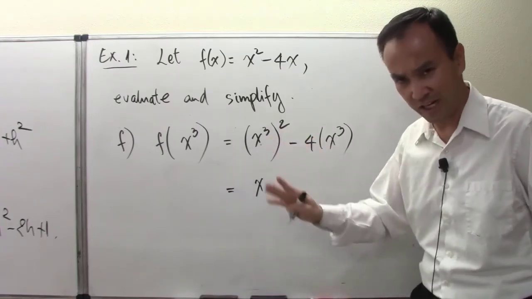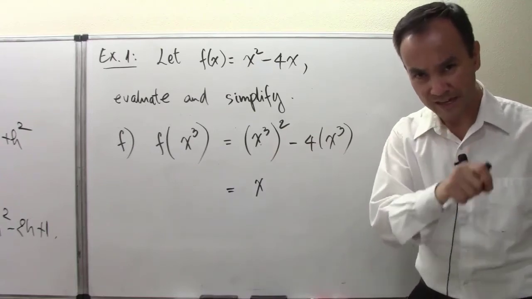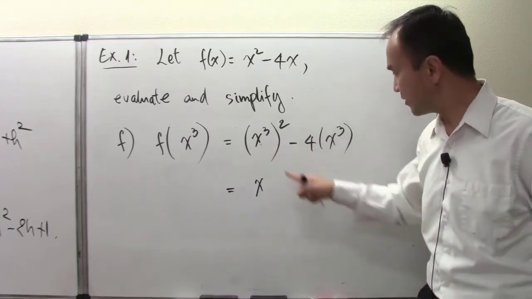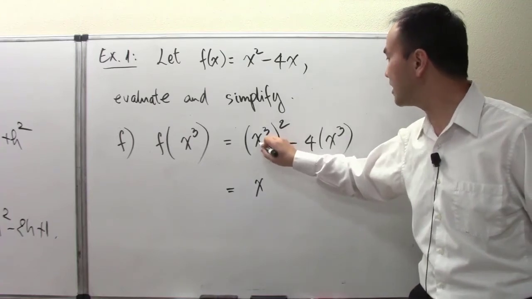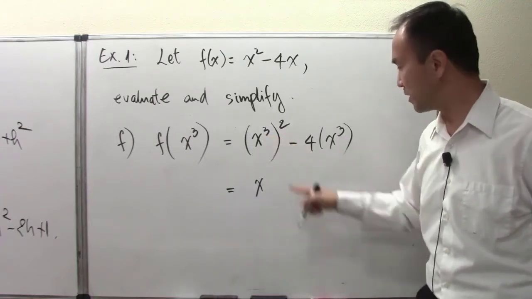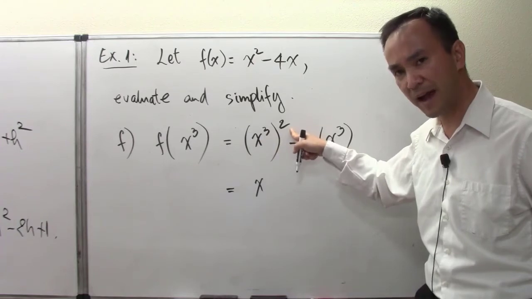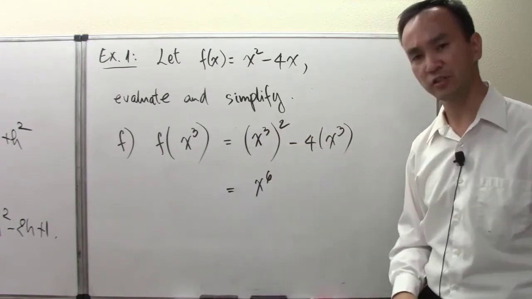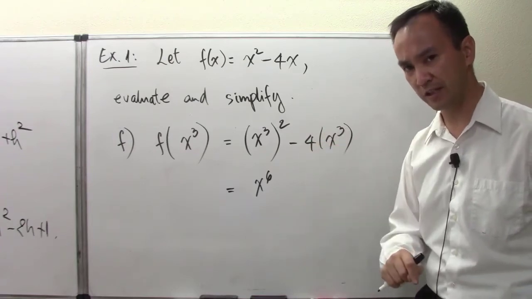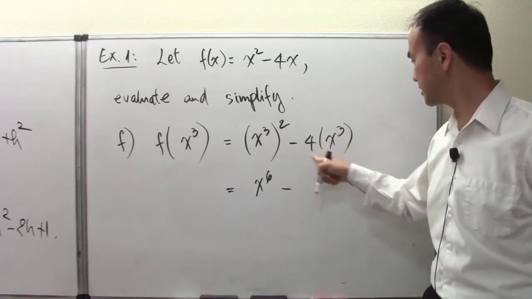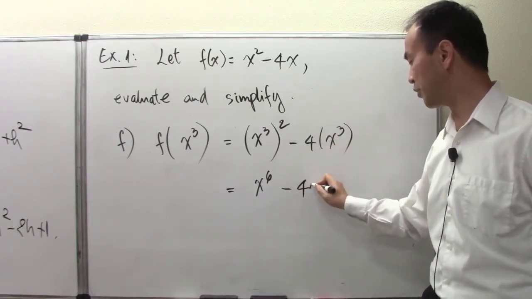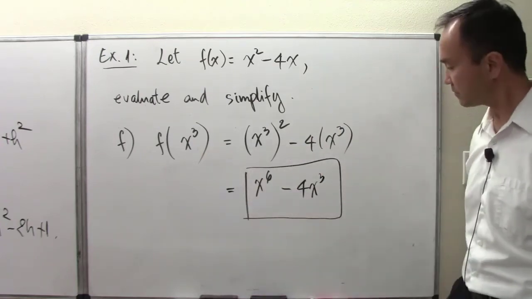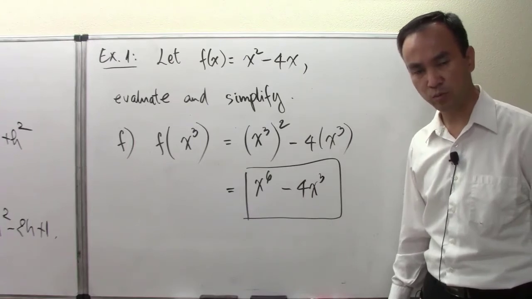Somewhere here and there we're going to keep picking back up the understanding we've learned from previous courses. So now it's a power of 6. We multiply the two powers together. And now minus, this is easy, that's nothing but minus 4x cubed. That's your final simplified expression.